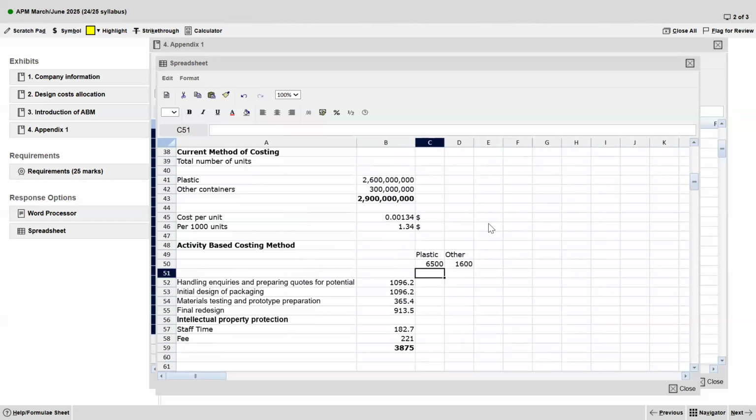So we need to allocate it to this. 13,000 inquiries are there.